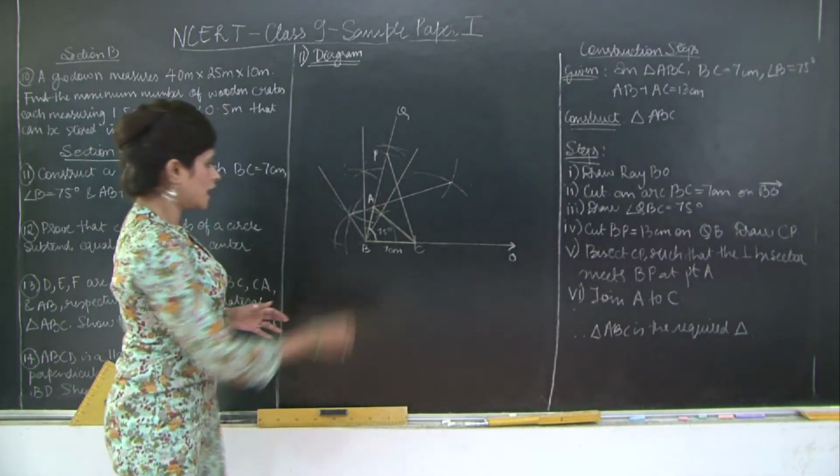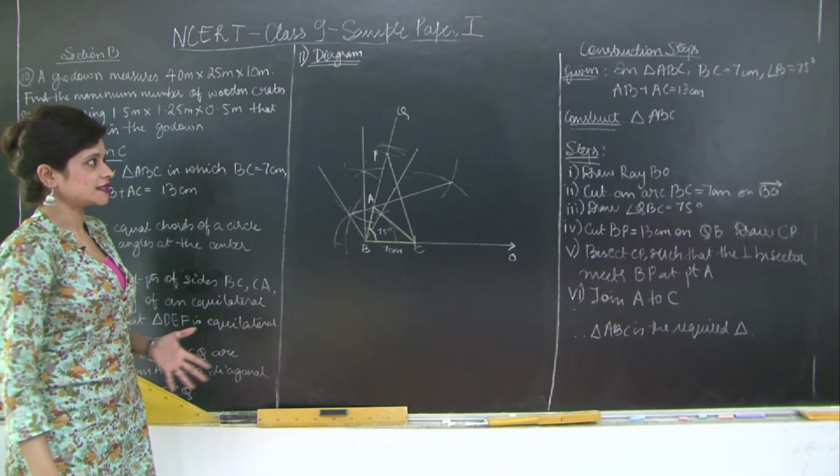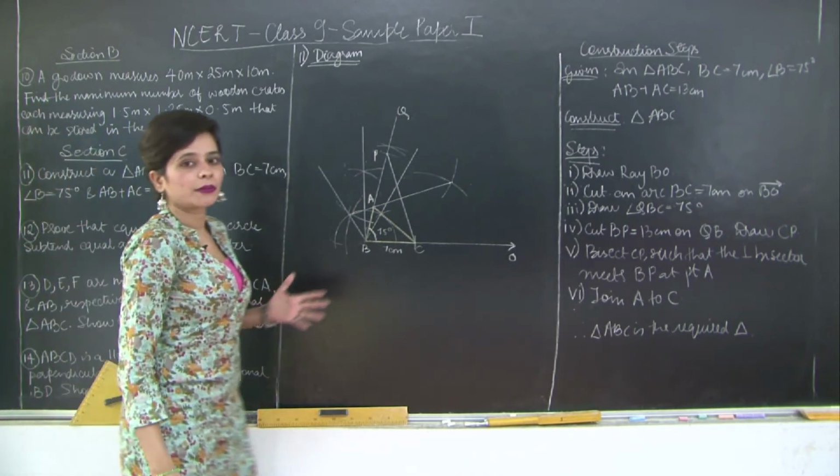And if you measure AB plus AC, what you will get is 13 centimeters. So this was about question number 11.